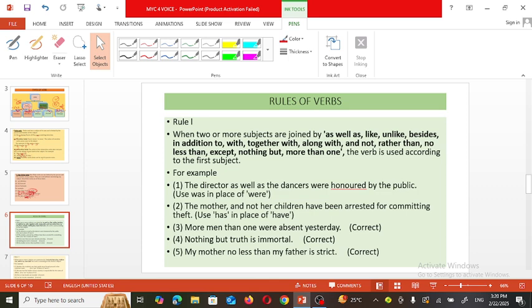Now let's see the rules regarding these verbs.